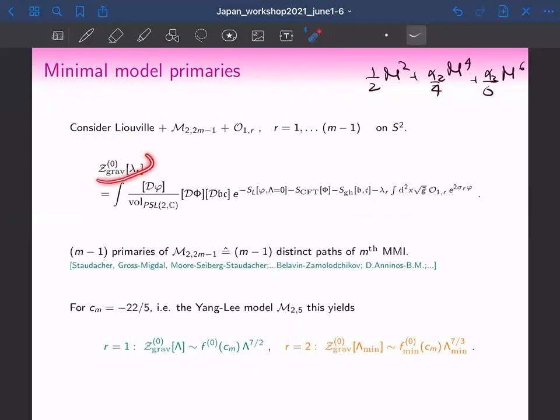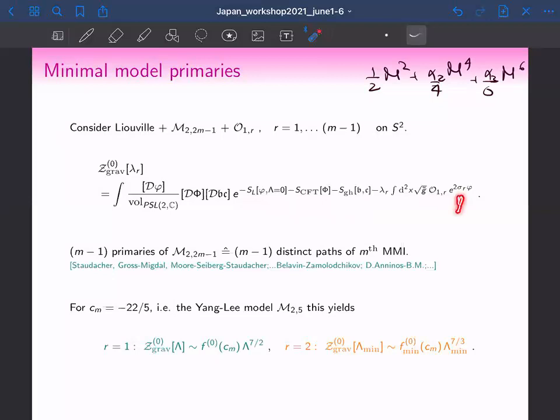Because, as I was pointing out before, we are on the 2-sphere and we fix the Weyl gauge, which still implies that we have the Möbius transformations. But then we basically have the Liouville action, the CFT, the ghosts, and then we turn on one of the operators of the minimal model.